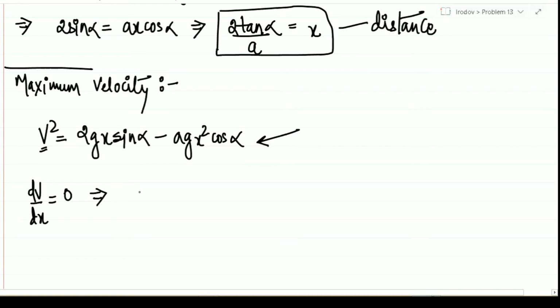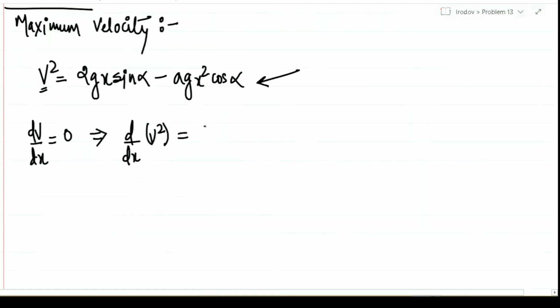So d by dx of v square is equal to 2g sine alpha minus 2ag x cos alpha, equal to 0.